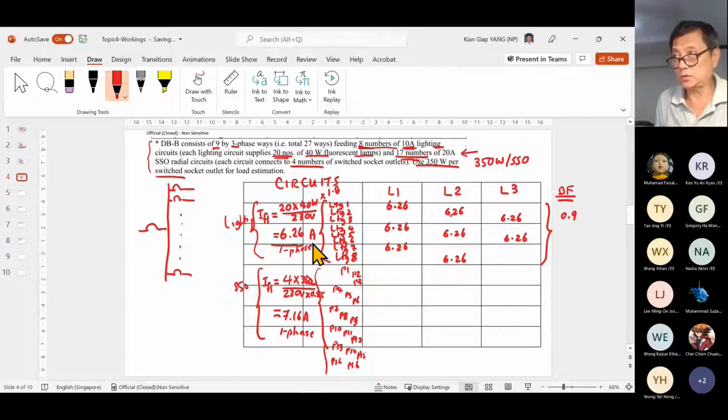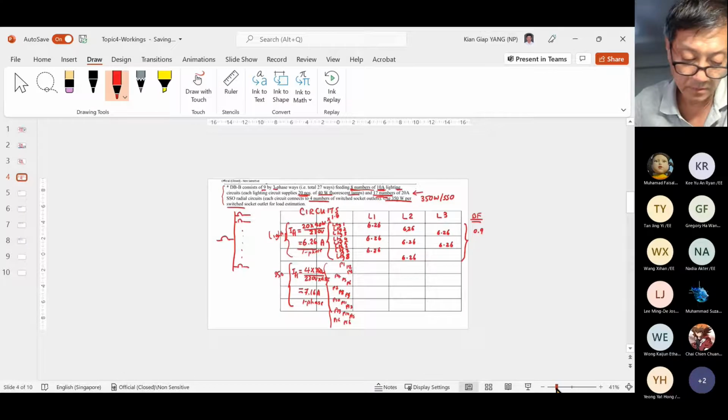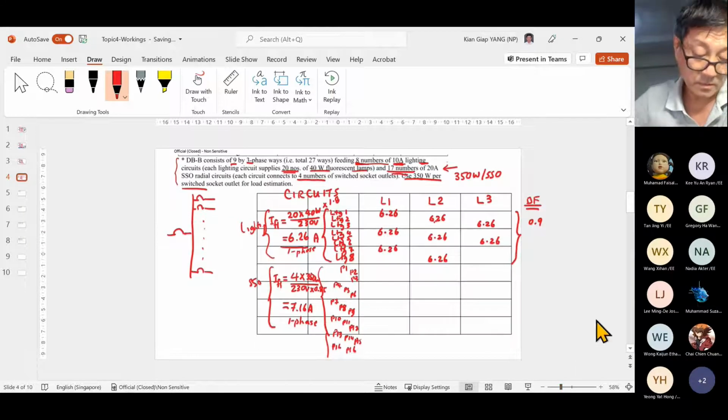So now I have to do load balancing, means I try to find a way to assign the circuit in such a way my total maximum demand will be the best I can balance. Okay, that means if I go down a bit further, you see currently based on lighting, I have 3 circuit, and 2 circuit, right?